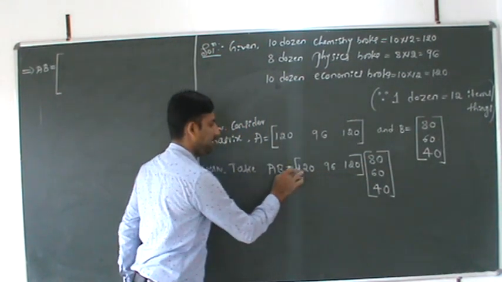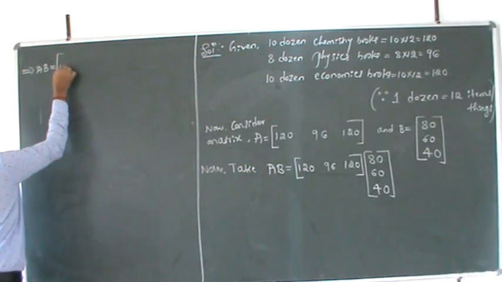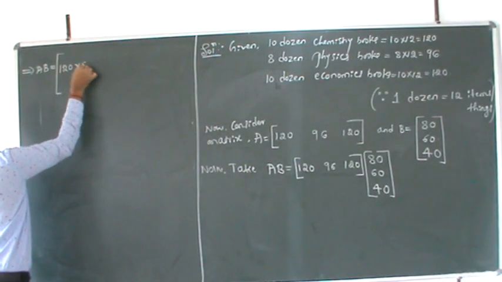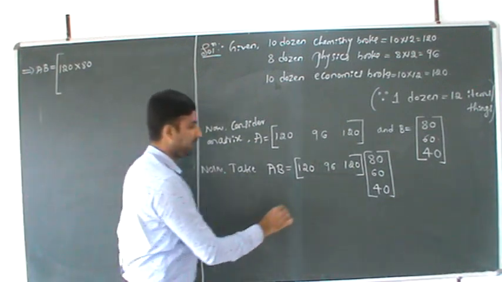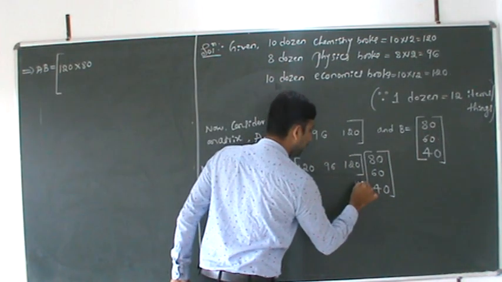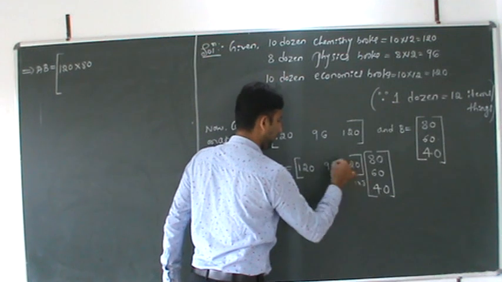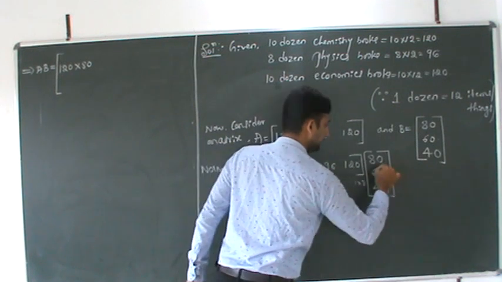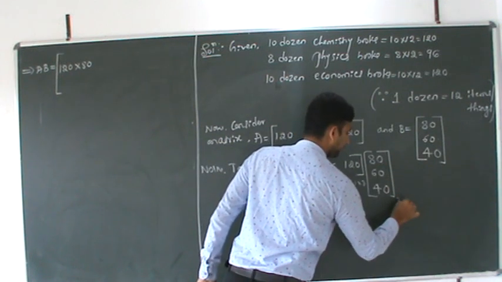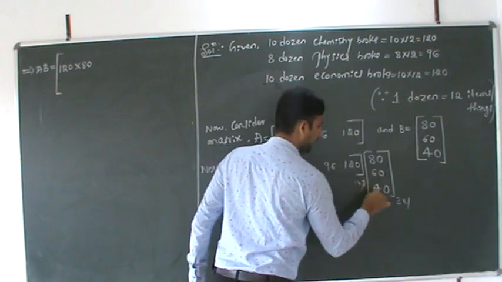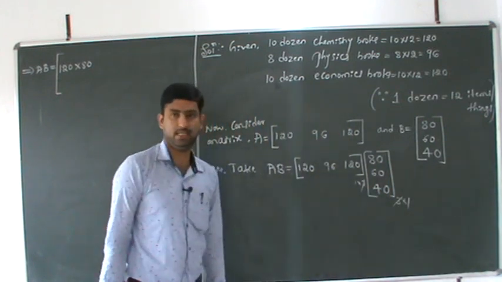That's enough. Correct? What is the order of the matrix? 1 row, 3 columns, and 3 rows, 1 column. Final order should be 1 cross 1.